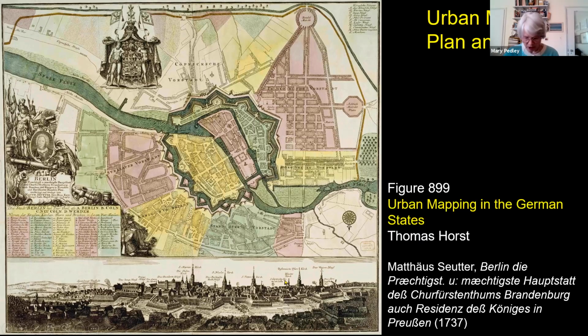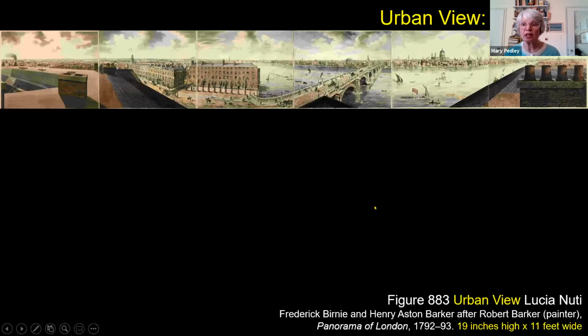The development of the urban view, which is an old form, continues by the late 18th century to get bigger and bigger and bigger until it becomes a panorama, which begins in the 18th century, goes into the 19th century as a kind of Wunderkunst, a kind of thing of amazement, of a way to view a city.